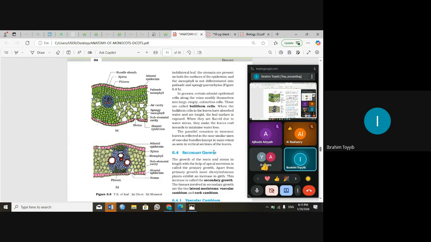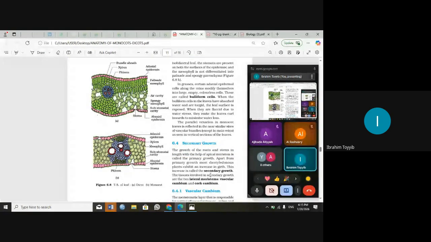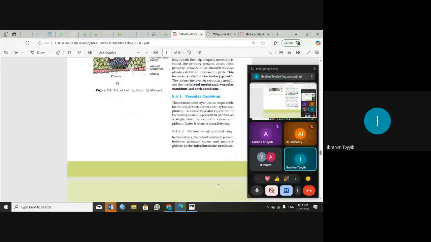So now look at secondary growth we have been talking about. The growth of the root and stem in length with the help of apical meristem is called primary growth. So apart from primary growth, most dicotyledonous plants exhibit an increase in girth. I've written it there. This is the secondary growth. The tissues involved are the lateral meristem, which consists of vascular cambium and cork cambium.